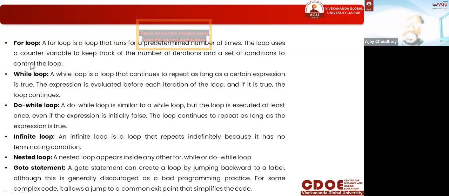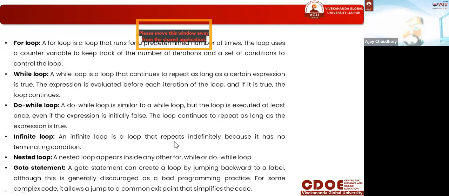If the condition is false when entering the code, we will not execute the while section, but in do while we will execute it at least once, whether the expression is false or true. The loop continues to repeat as long as the expression is true.